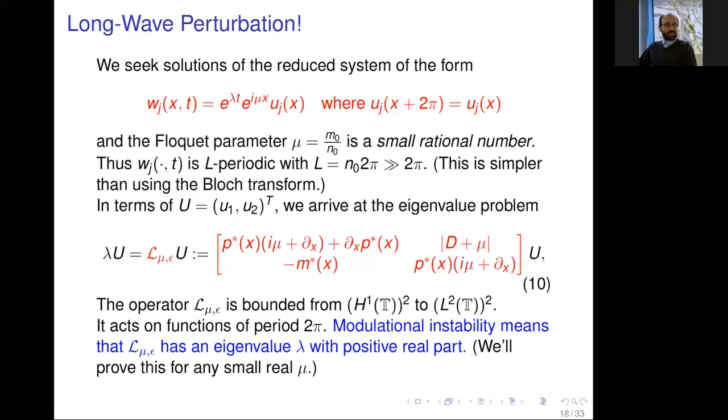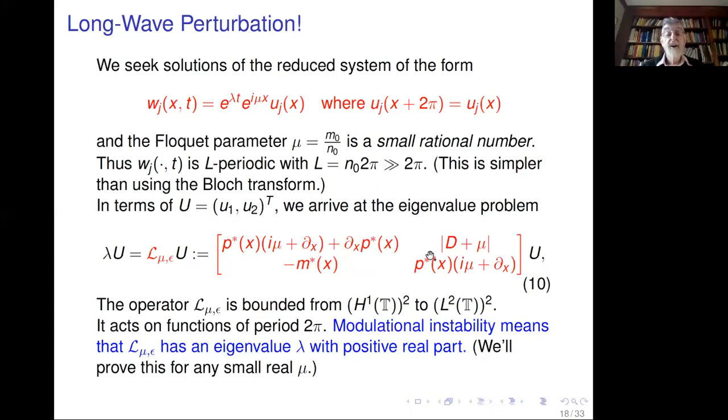Sorry, can I ask about the dx p star in the 1,1 term of the block matrix for L mu epsilon? Does that mean a multiplication operator? Yeah, that's a multiplication operator. That's all it is.